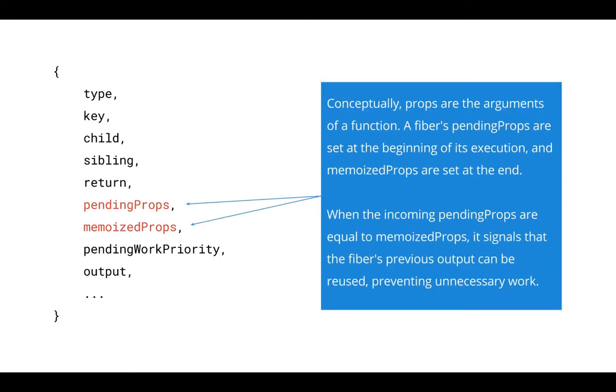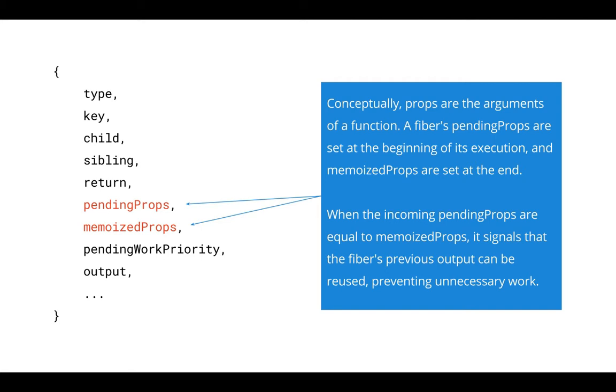Remember, I told you that Fibre is capable of reusing previously computed work. And the way it does that is because there's a pending props and a memoized props thing that lives in this Fibre object. Those are actually just simple arguments to the functions behind the scenes that React Fibre uses.